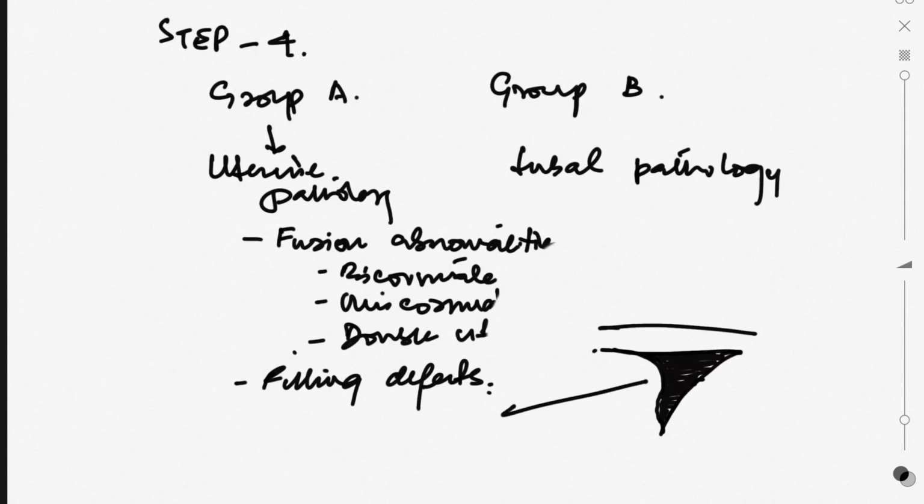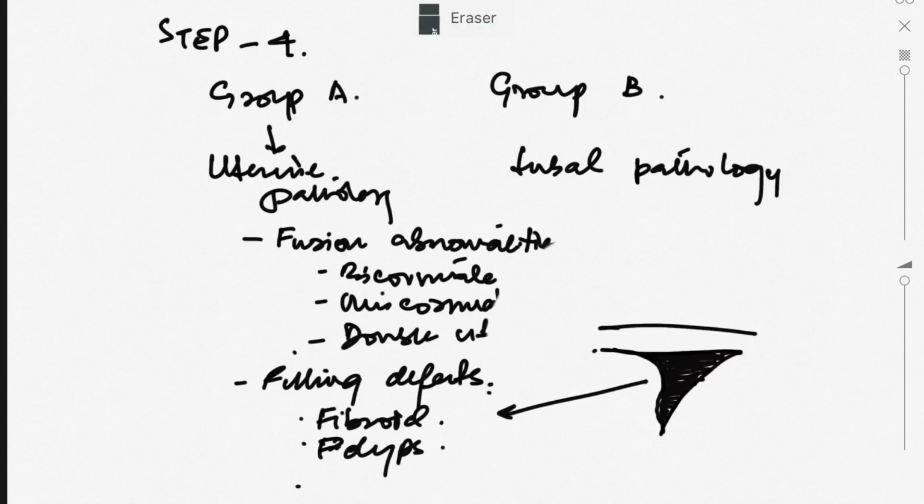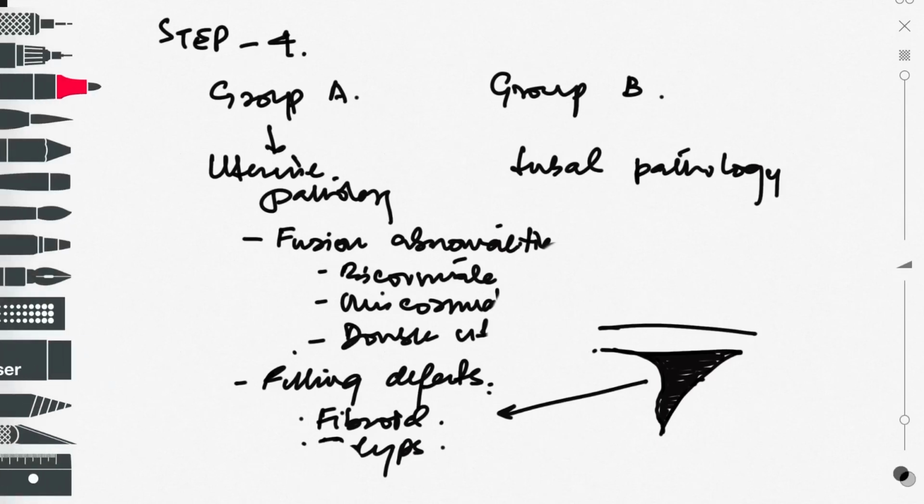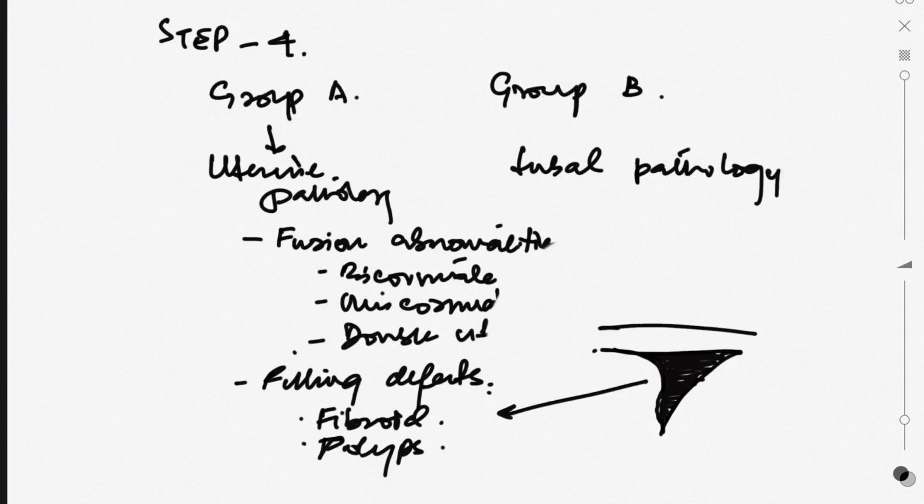And this defect can be due to conditions like the presence of fibroids, polyps, synechiae, or adhesions. The commonest condition is Asherman syndrome.